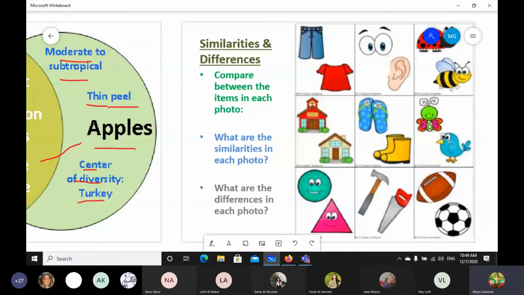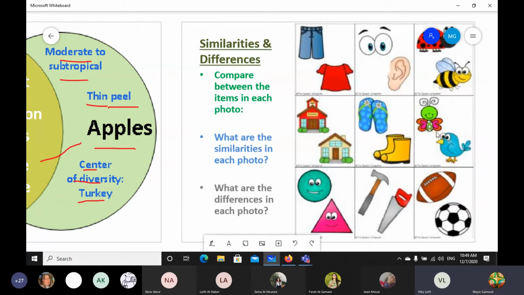Vicky. Yes, teacher. Go ahead. The bird and the butterfly. They are both flies. Please, in English. They are both. All right.